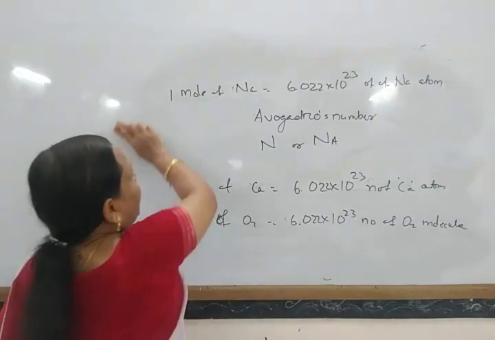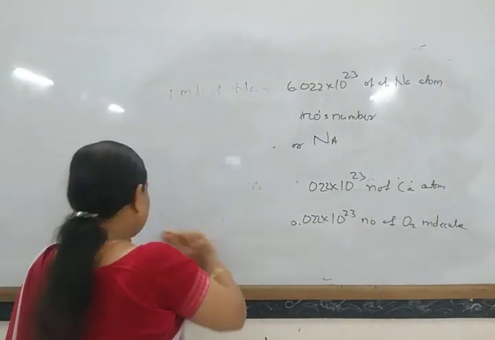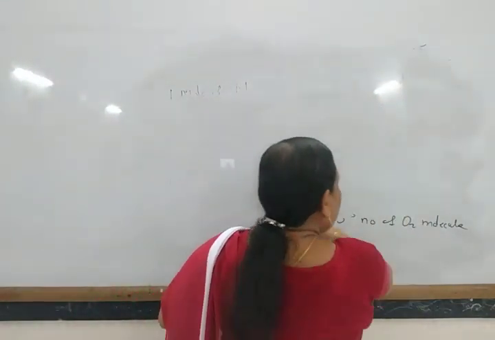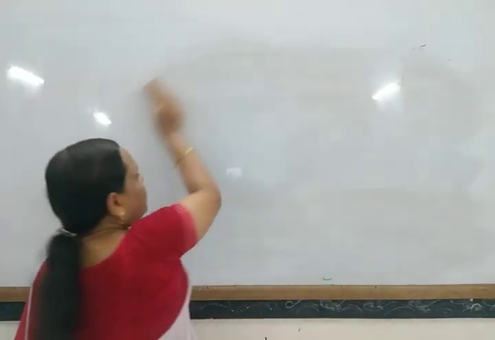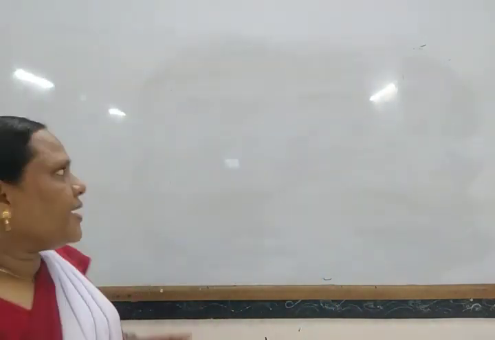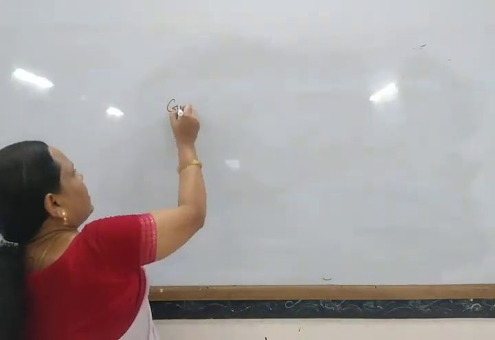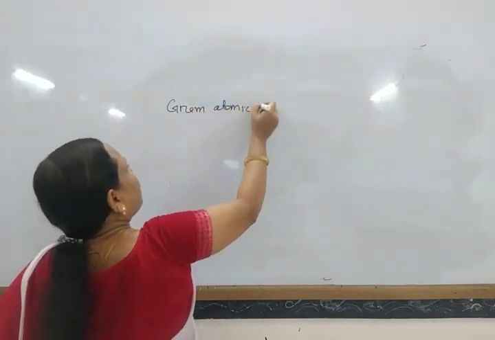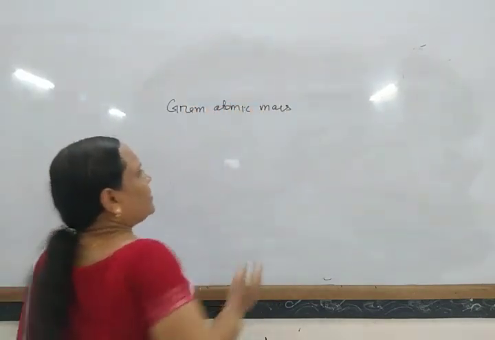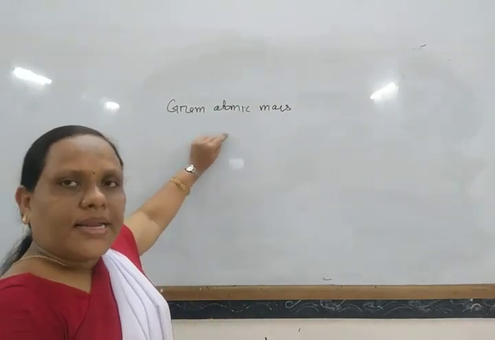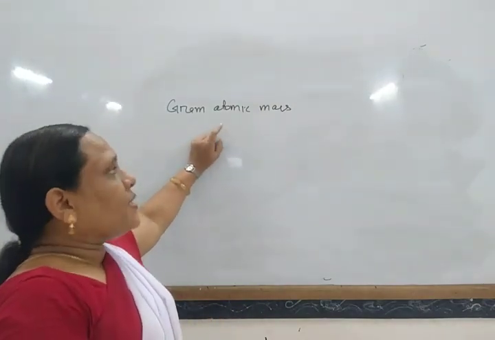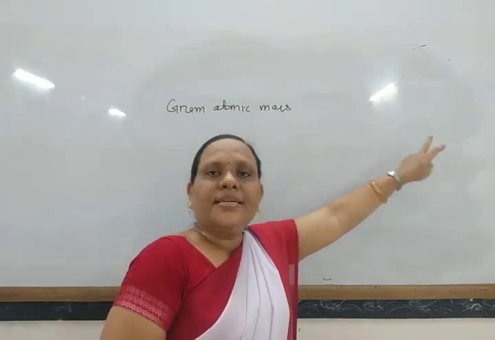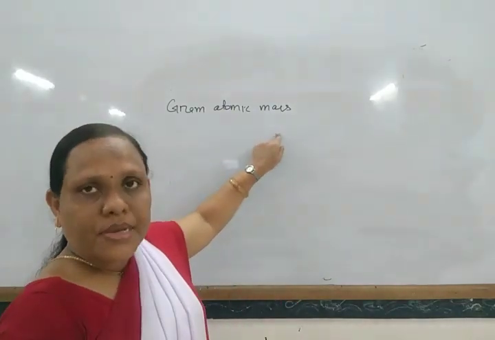Last class I told you two terms, gram atomic mass and gram molecular mass. Gram atomic mass is the atomic mass of an element with gram written after it.